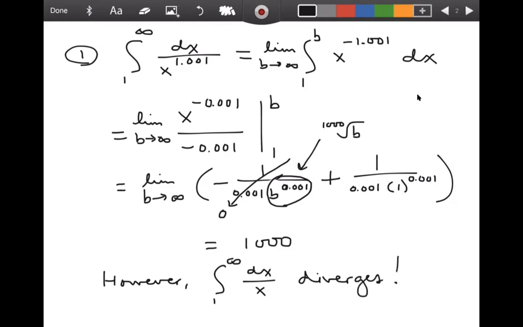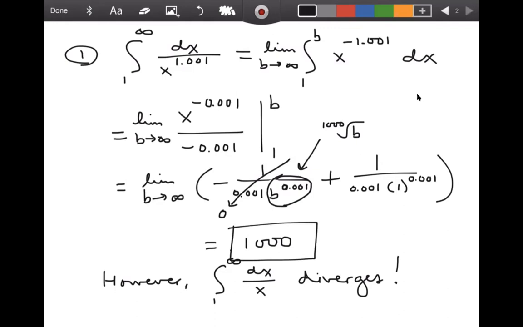Its value is infinite. So just by tweaking that exponent that tiny little bit, it makes the difference between the value is 1,000 and the value is infinite. I remember being kind of blown away by that the first time I heard this. But this is really the end of the problem right here. I don't want to confuse you.